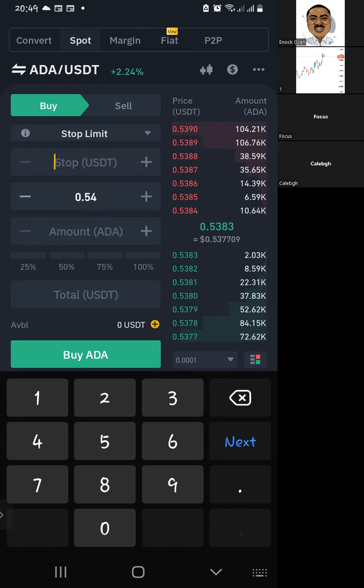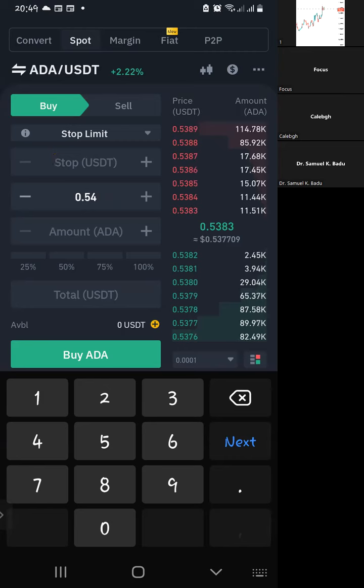So if the thing is moving on an uptrend and you want to catch it when it rises to a certain point, maybe your stop can be 0.5473. That's the condition that should be satisfied. Because it's on the uptrend and I want it to buy when it rises to that point, I can make this slightly higher, maybe by 1 point.